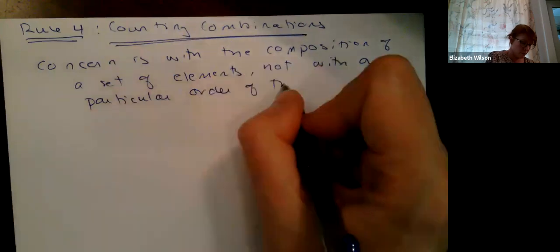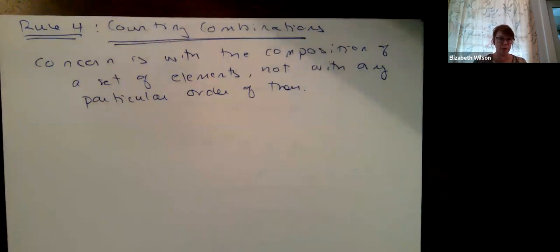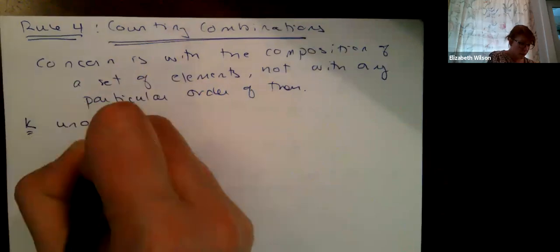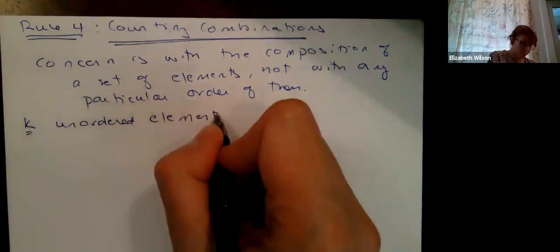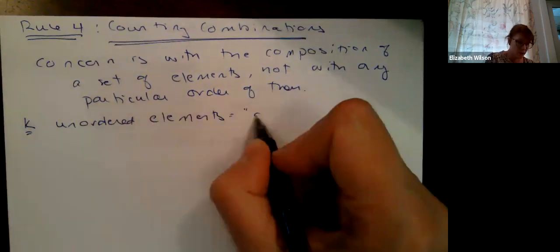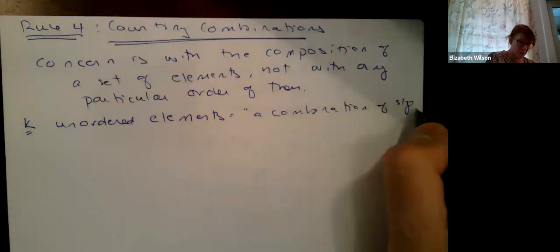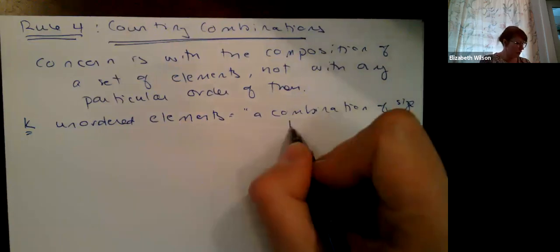The concern is with the composition of a set of elements, not with any particular order. How can we make up this thing? We've got k unordered elements, and we're going to call this a combination of size k.